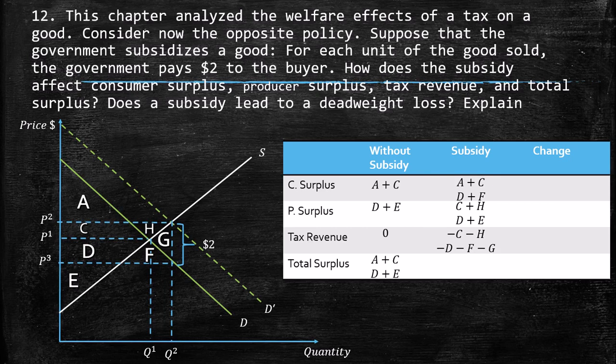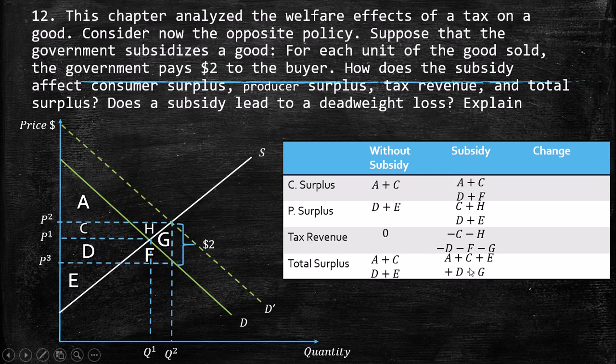So it's going to be the quantity traded in the market times the subsidy, Q2 times the subsidy, which is going to be C, H, G, F, and G.